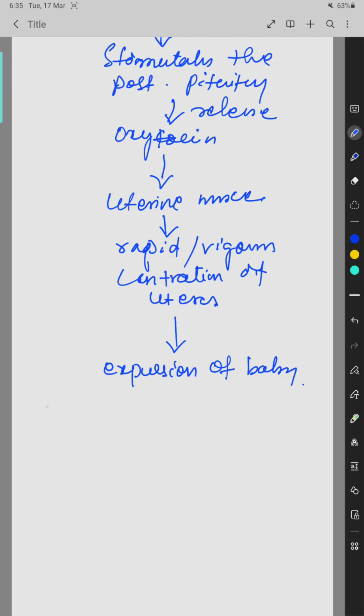And now let us discuss lactation. Okay, now what happens?